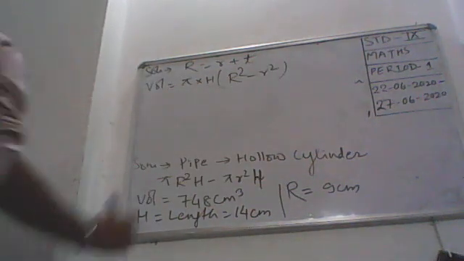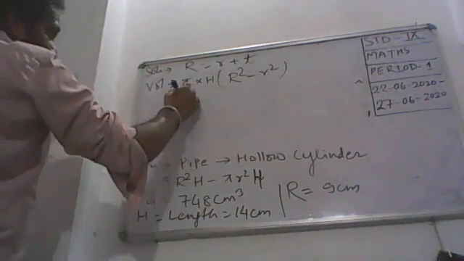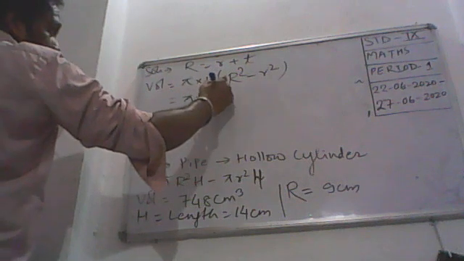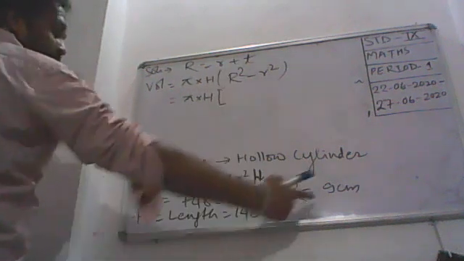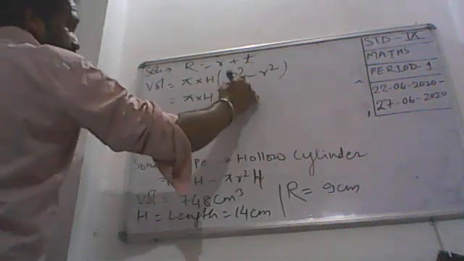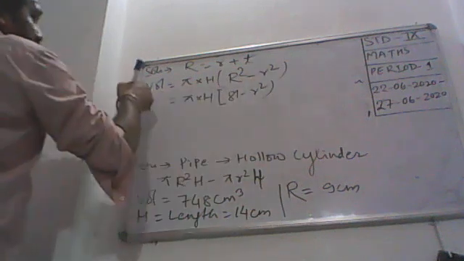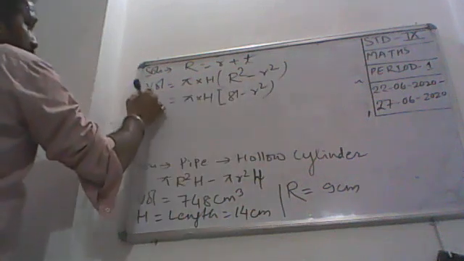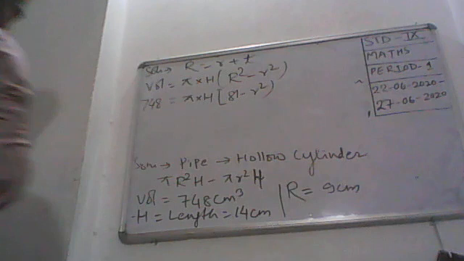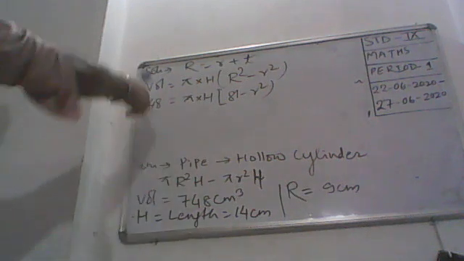Now R is given as 9, so 9 square is 81, minus r square. Volume is given here as 748. I have used this information here.